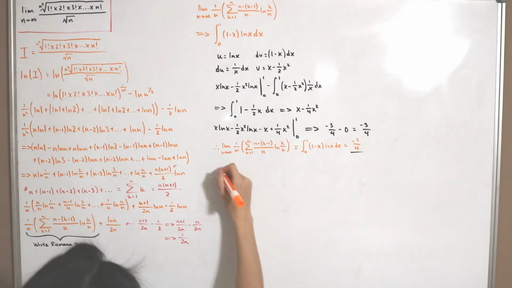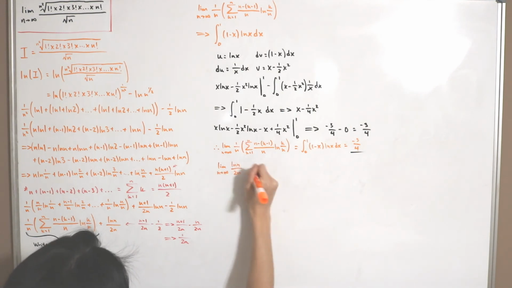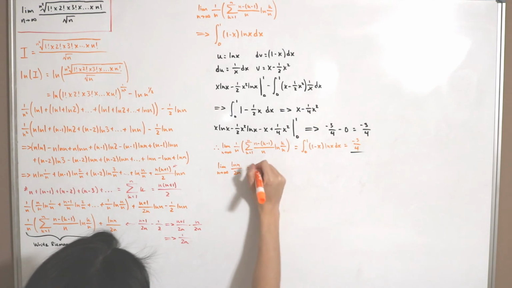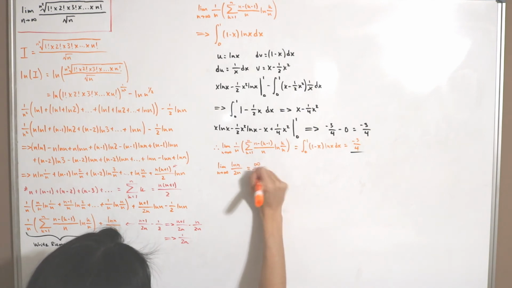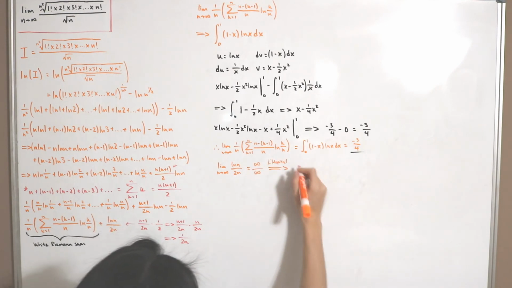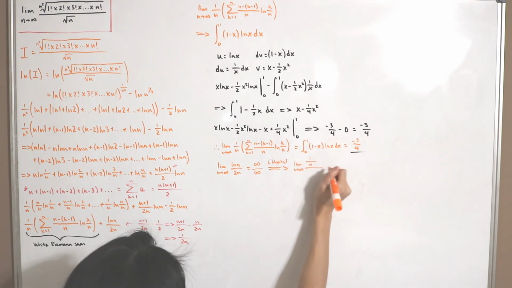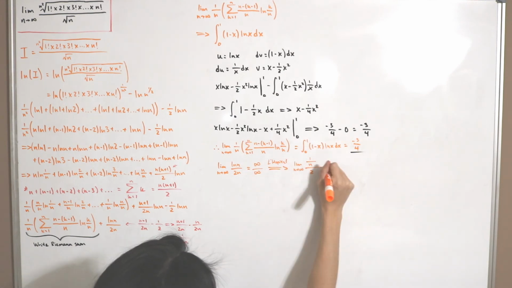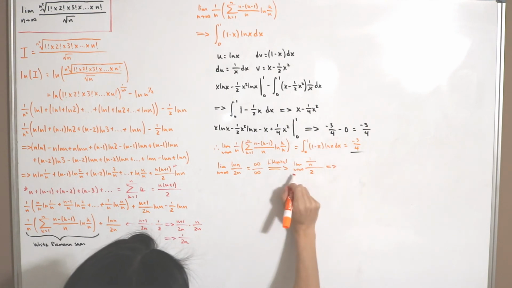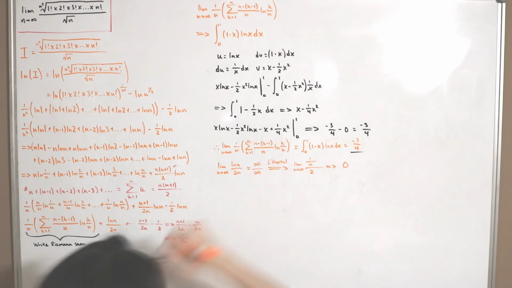So we'll take the limit of that: the limit of ln of n divided by 2n. You'll notice that if I plug in infinity, we get an infinity over infinity indeterminate form. So using L'Hopital's rule, I'll take the derivative of the top. The derivative of ln of n is 1 over n, and that's divided by 2. If I plug infinity in for n, 1 over infinity is just 0, so this is just 0.